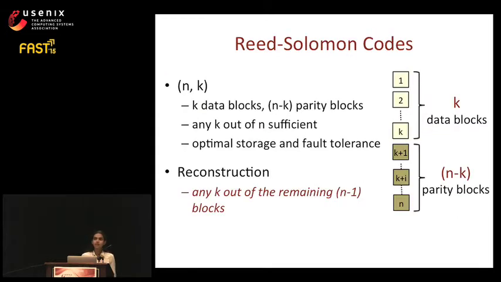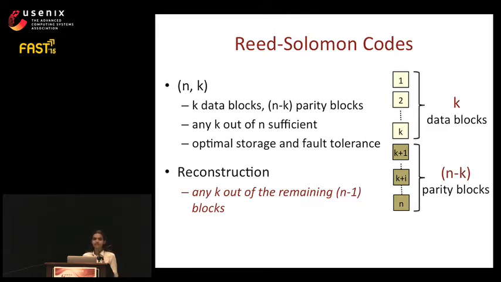In general, Reed-Solomon codes, which are the most popular codes employed in practice today, are associated with 2 parameters, k and n. It takes in k data blocks and generates n minus k parity blocks. So in total, we have n blocks. And any k out of these n are sufficient to recover all the original data blocks.